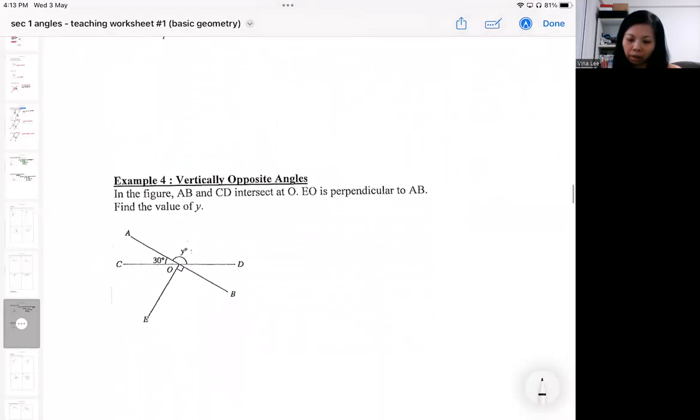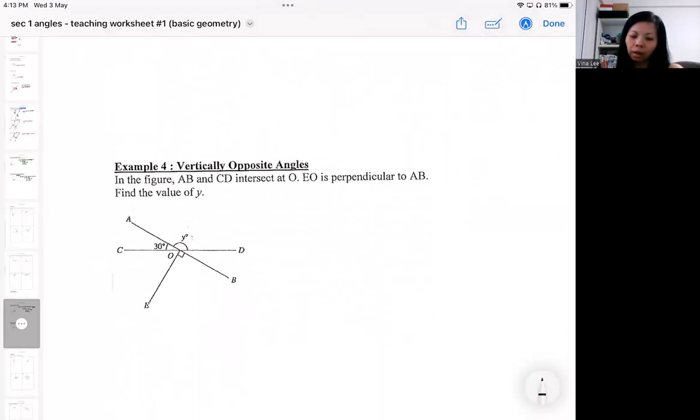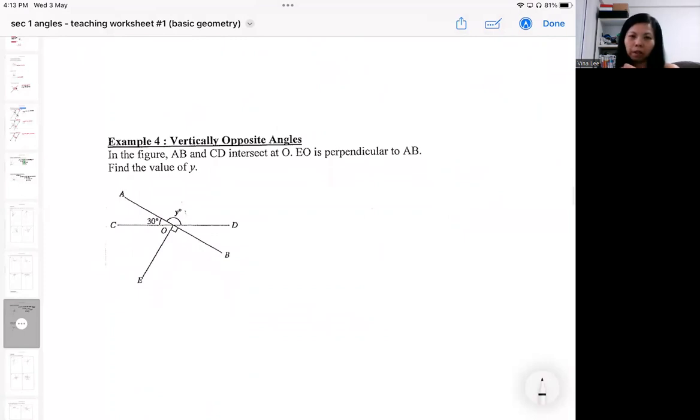Okay, the next one here. And if you don't have the habit of reading the question, please try to read the question. So in this question, AB and CD intersect at O. So what do we mean by intersect? The idea of intersect is like cut.